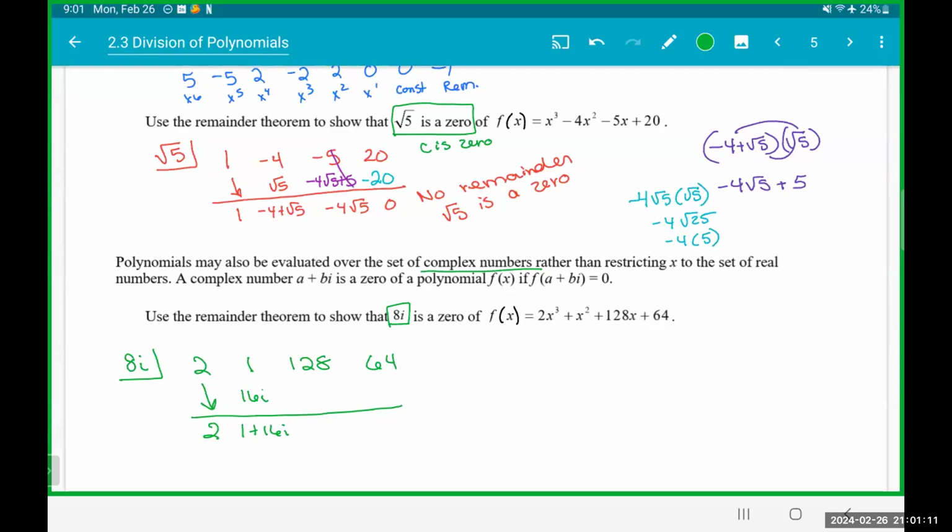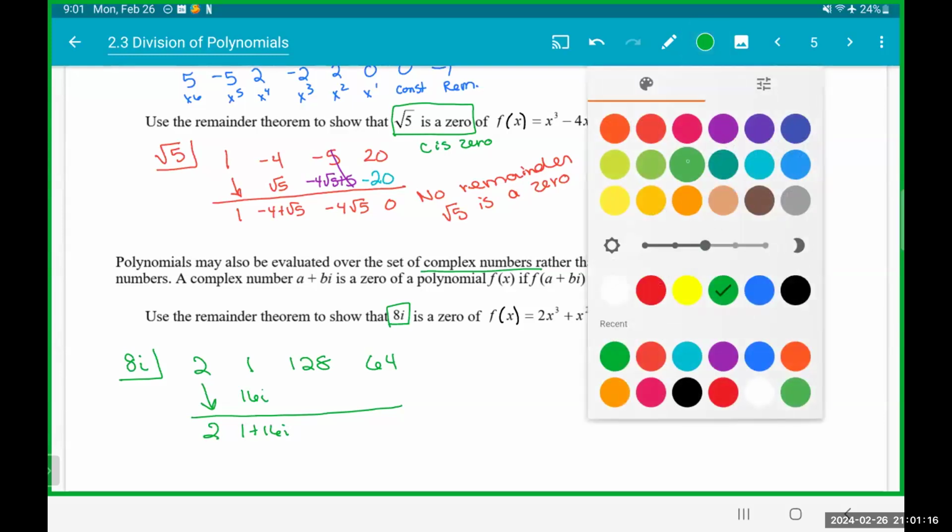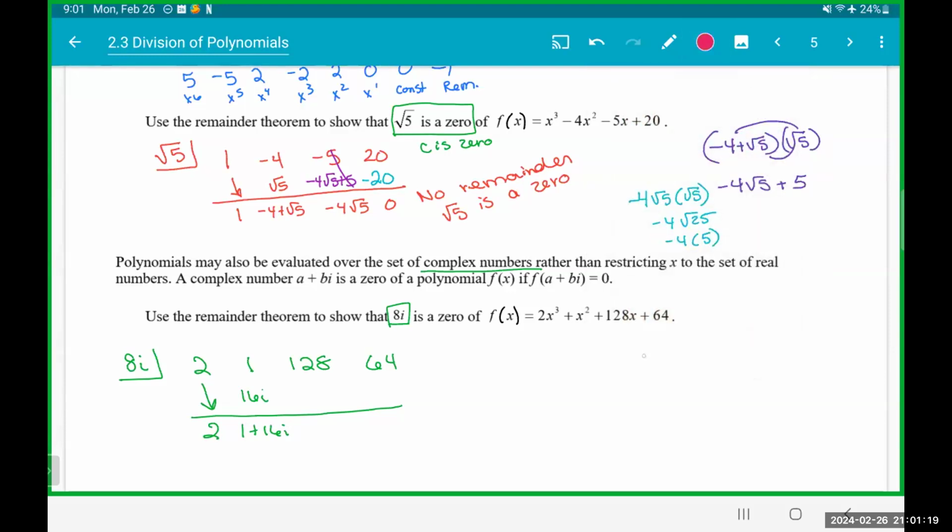So now we have 1 plus 16i times 8i. Okay, so that's going to give me 8i plus 8 times 16, which is 128i squared. Remember back from algebra days that i squared is equal to -1.